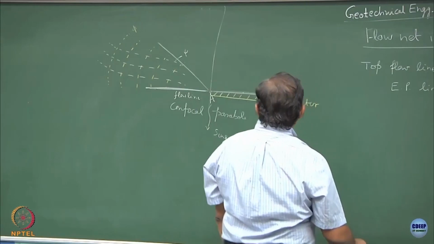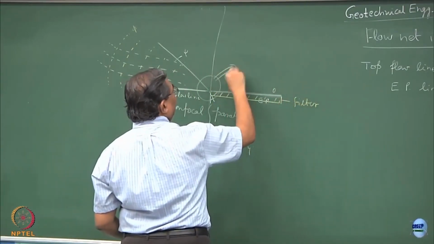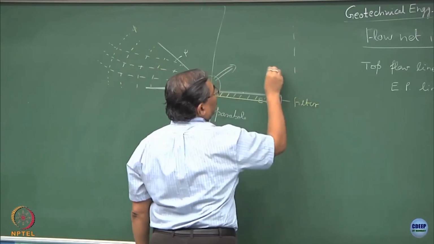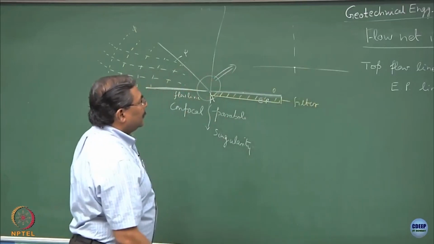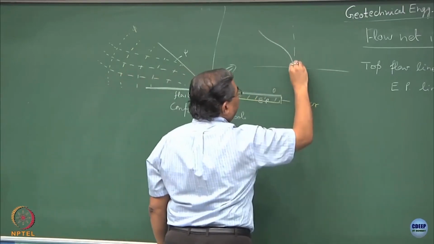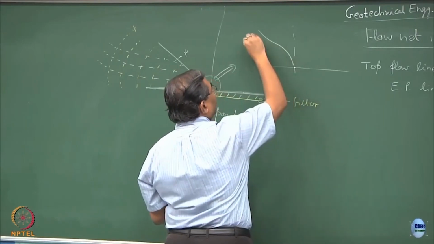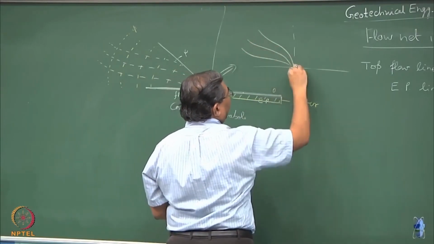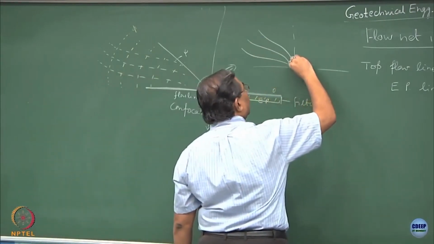So, if at point A, if I enlarge things, this is how it will look like. So, I have the flow lines coming and meeting over here, and the equipotential lines starting from here.